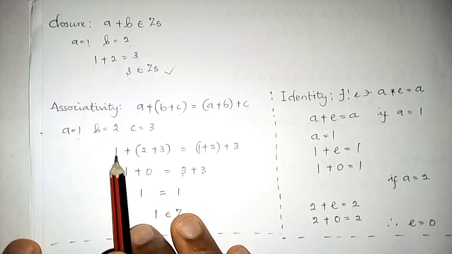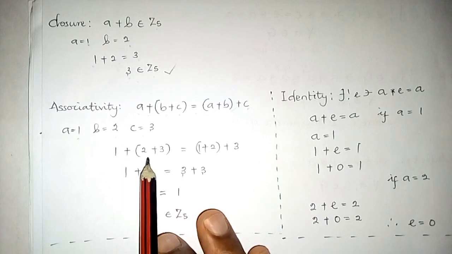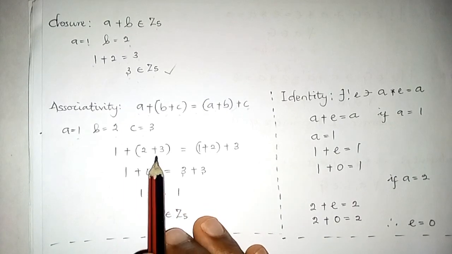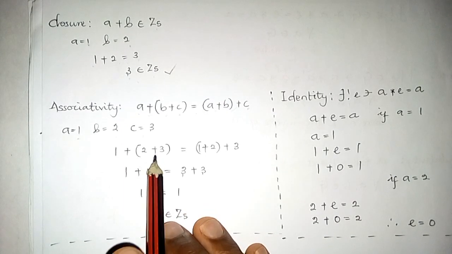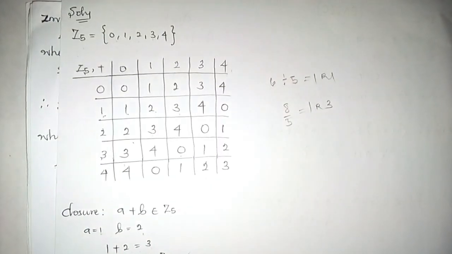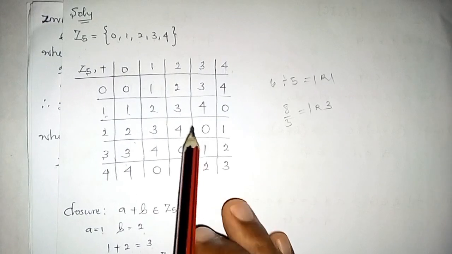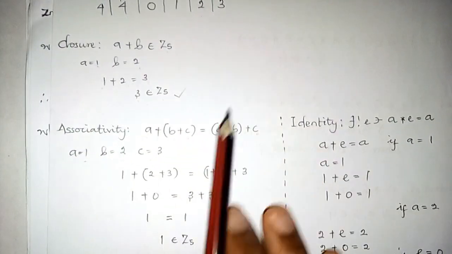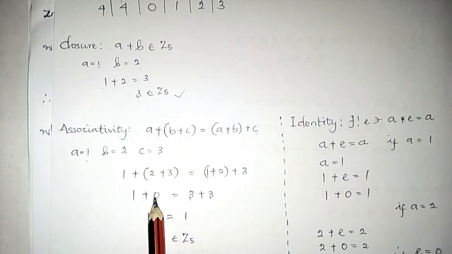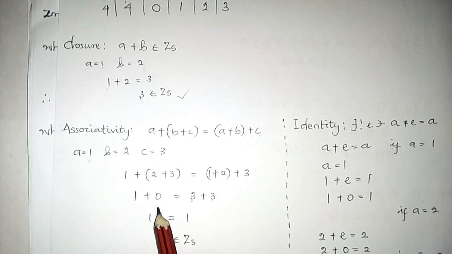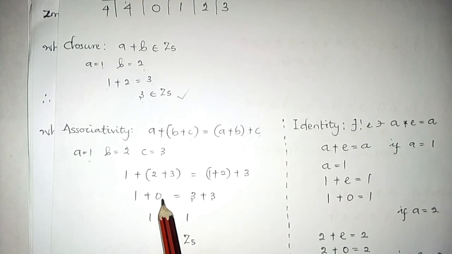If we start from here, 1 plus (2 plus 3) gives us 1 plus, and from the table, 2 plus 3 gives us 0. So we have to come here and write 0. Remember, 2 plus 3 naturally is 5. 5 divided by 5 is 1, remainder 0. That's the same reason why we have the same 0 here.